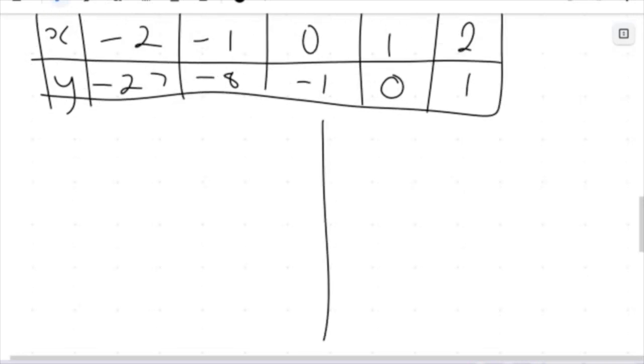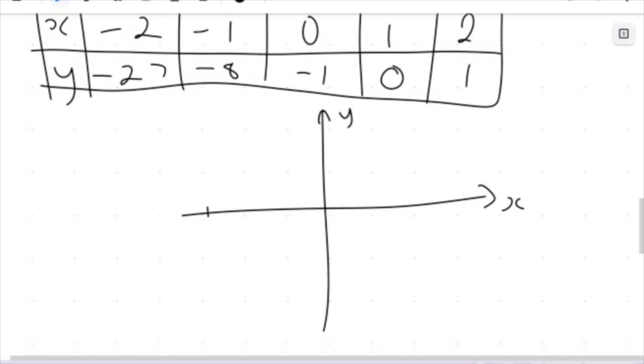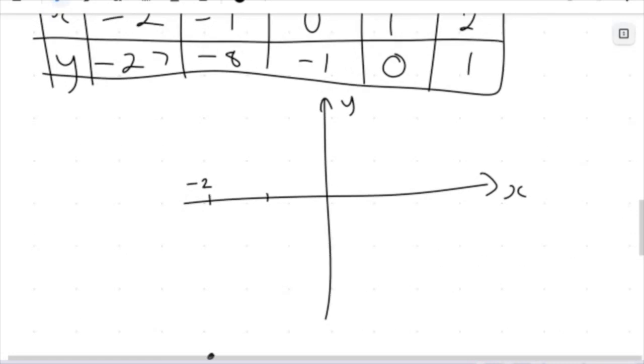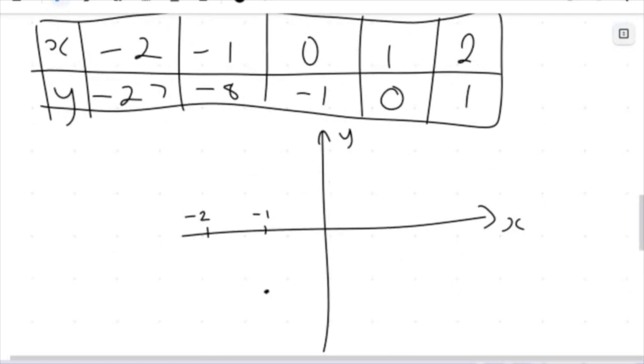I'm not going to make this too fancy. I'm trying to do this quickly for the sake of time. So when x is -2, y is -27. So that's way down here. When x is -1, y is -8. It's about here. When x is 0, y is -1. When x is 1, y is 0. It's here.